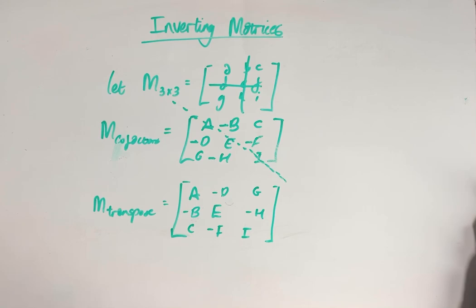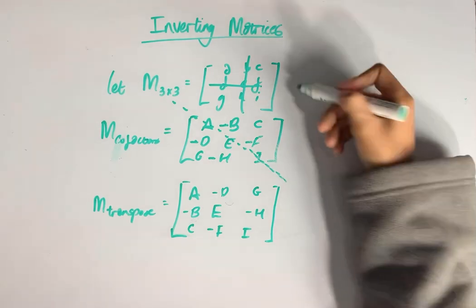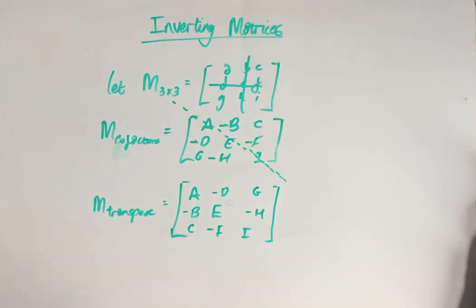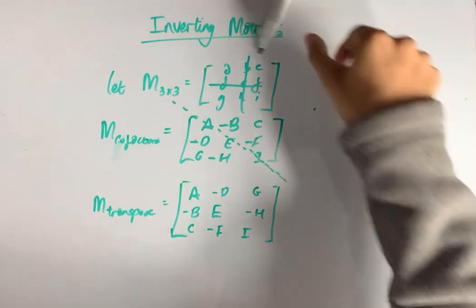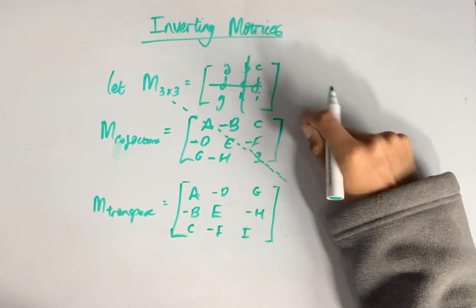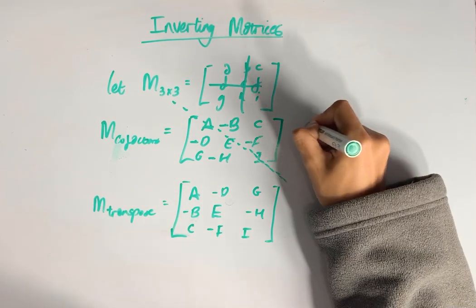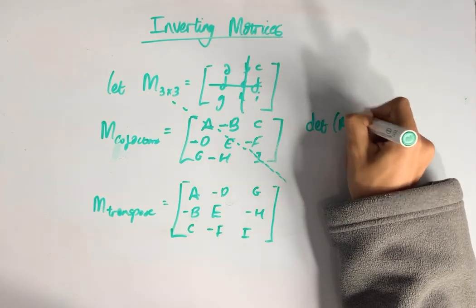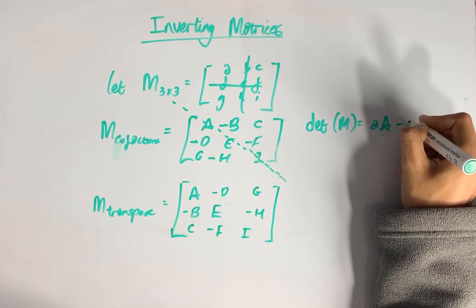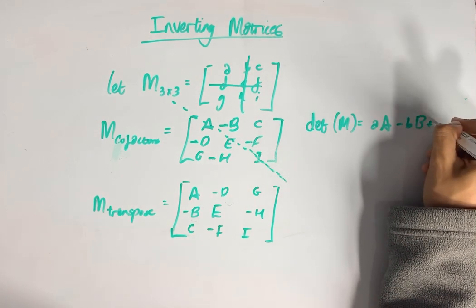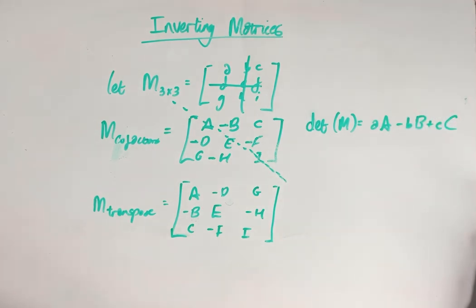Now, we need to find the determinant of this 3 by 3 matrix. How we do that is given by det M equals AA minus BB plus CC.